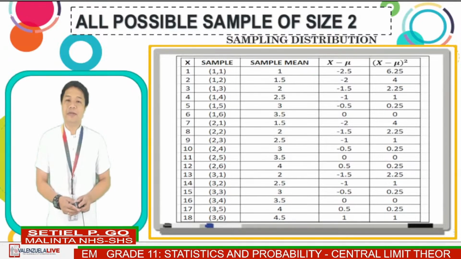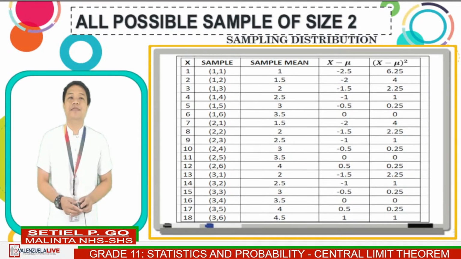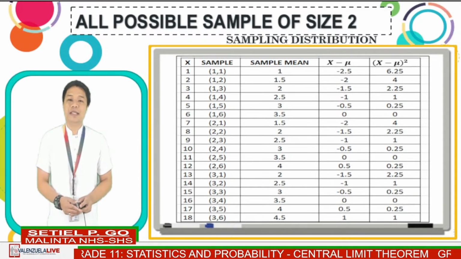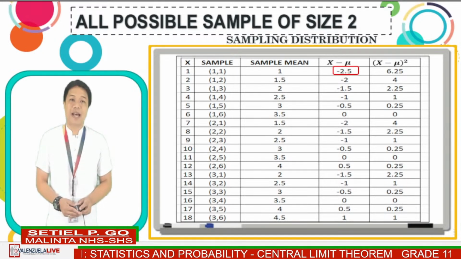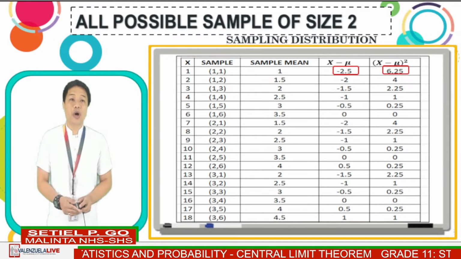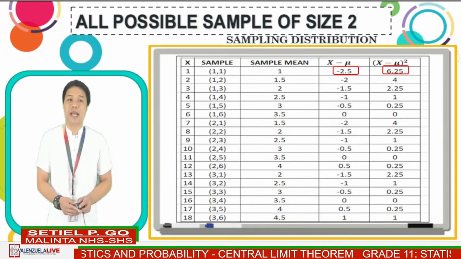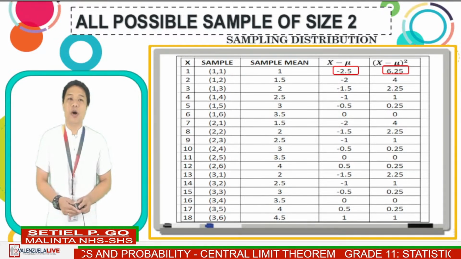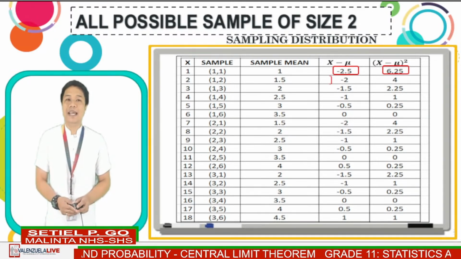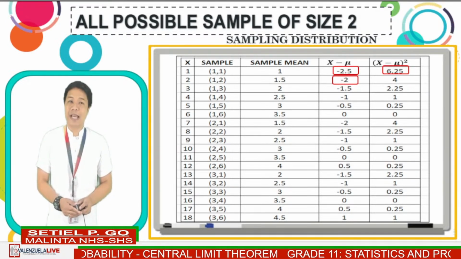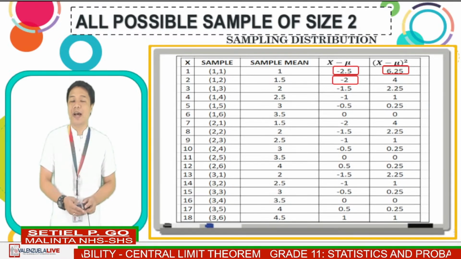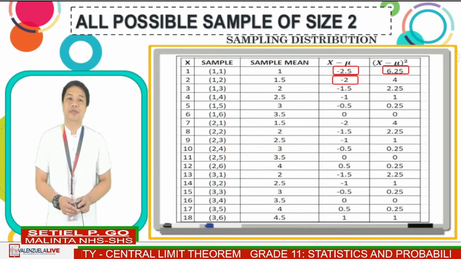To fill out the two columns, we have 1 minus the mean, the result is negative 2.5. Next, you're going to square the negative 2.5, the result is 6.25. Then 1.5 minus the mean, which is 3.5, the result is negative 2.